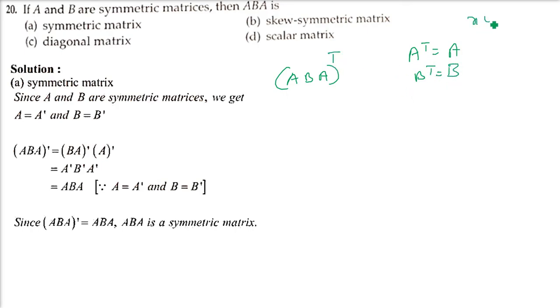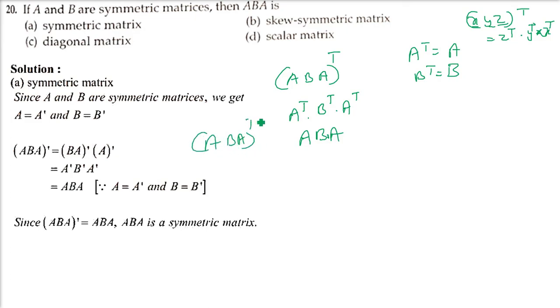As I said, XYZ transpose is Z transpose, Y transpose, and X transpose. So for ABA transpose, we have A transpose, then B transpose, and then A transpose. So now A transpose is already given as A, B transpose is B, A transpose again A. So when we transposed ABA, we got the same matrix ABA. Okay, this is a symmetric matrix. A is the answer.